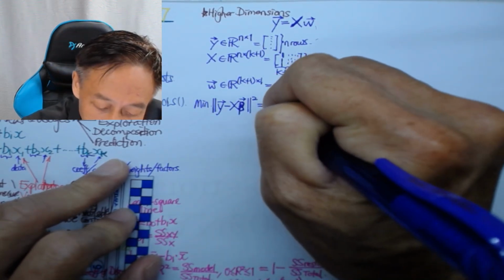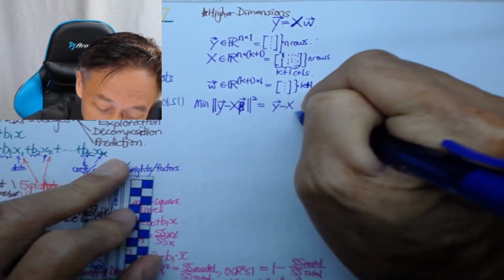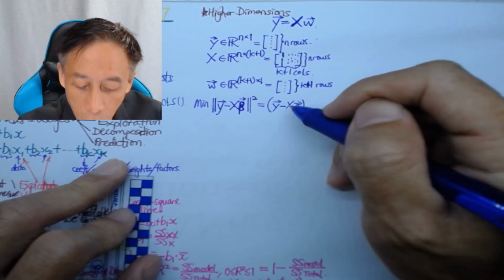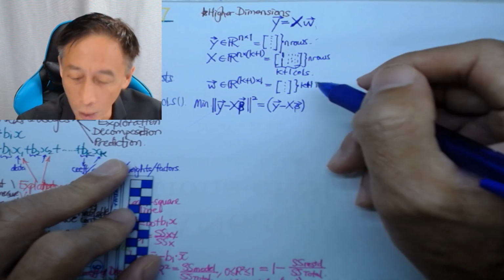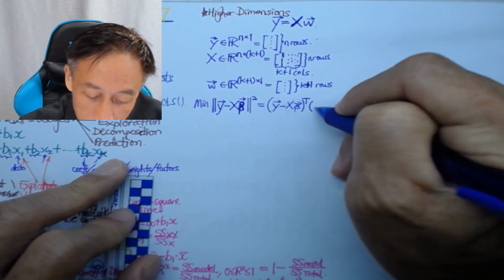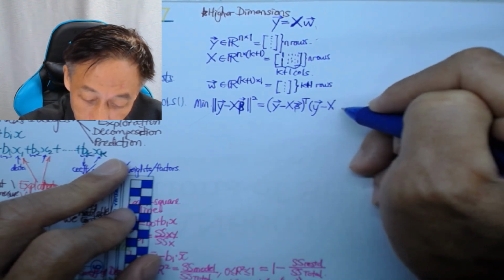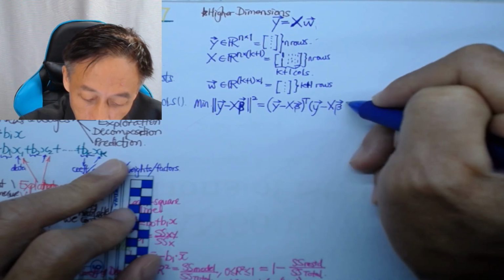This can be expanded as y minus x beta vector times y minus x beta vector. But to do a matrix vector product, we have to do a transpose. All these are just vector matrix idiosyncrasies that we have to follow.